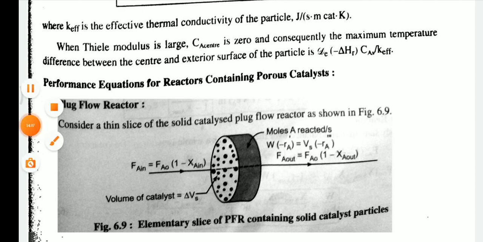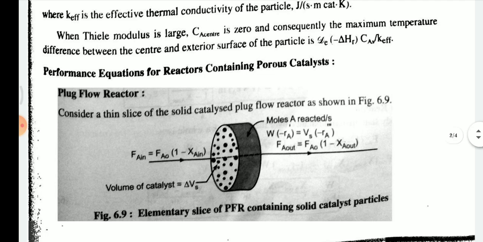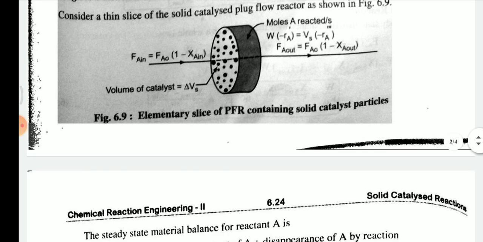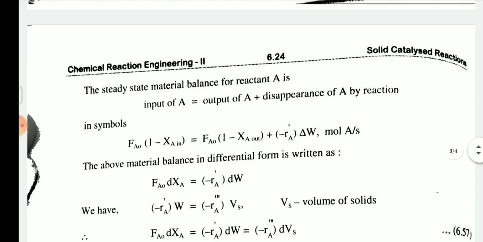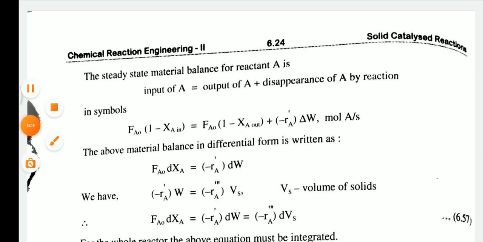It consists of a reactor in which moles of A reacted on the surface of the catalyst. So we get the accumulation term. Simply we derive it from the material balance: input is equal to output plus accumulation term.